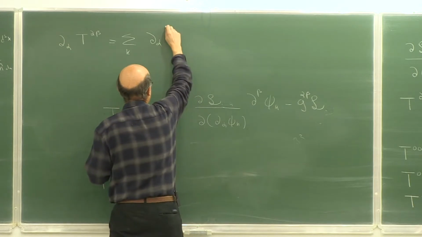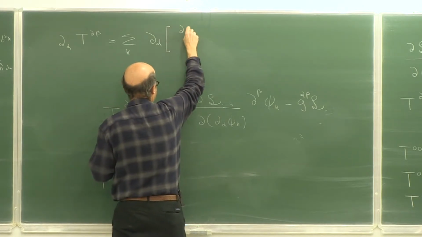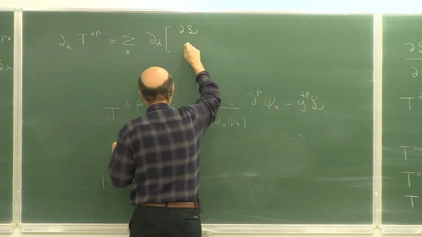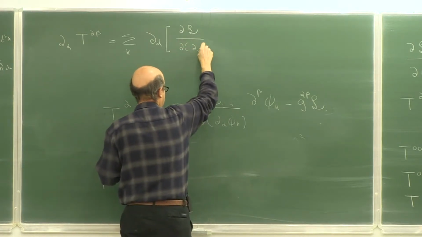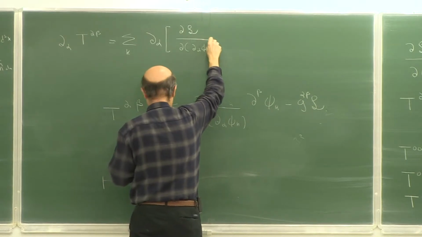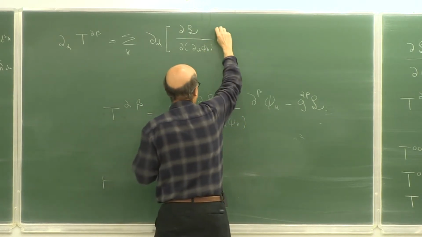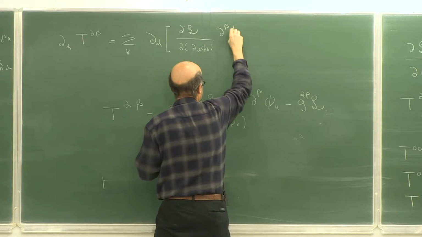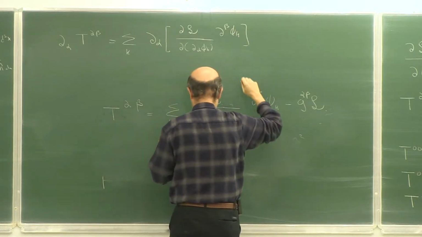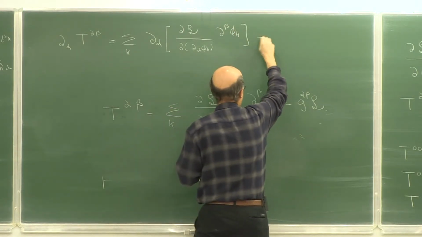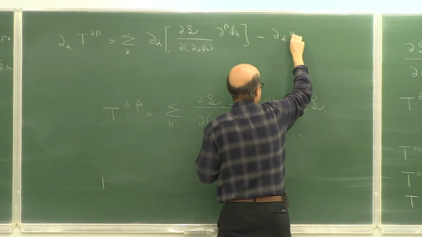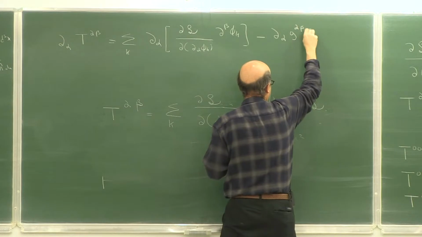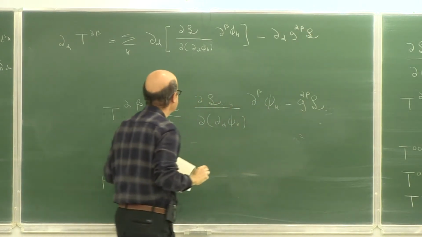So that will be del Lagrangian density over del alpha phi k, del beta of phi k, minus del alpha g alpha beta Lagrangian density.